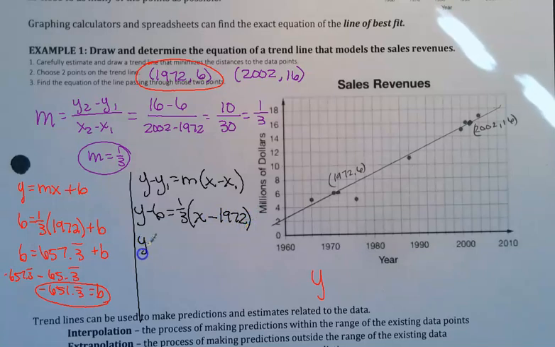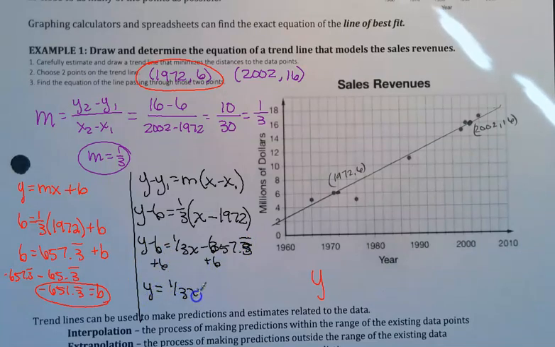Then you would have had y minus 6 equals 1/3 x minus 350, or 657.3 repeating. And then you would have added 6. And so you would have had y equals 1/3 x minus 651.3 repeating.